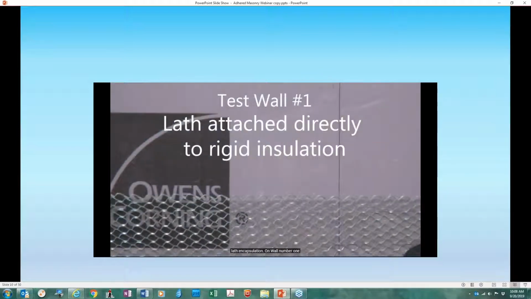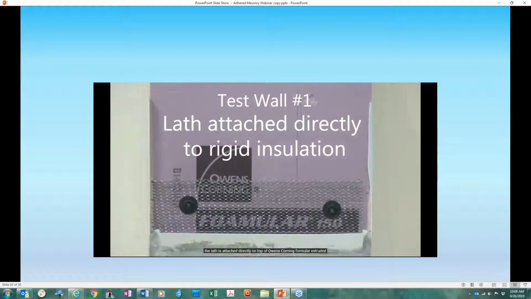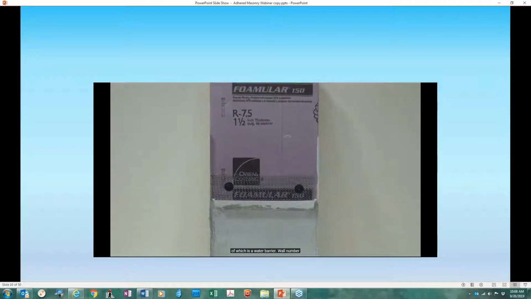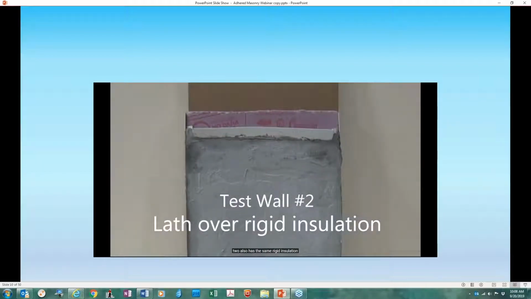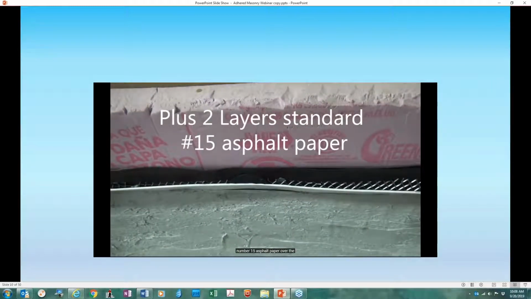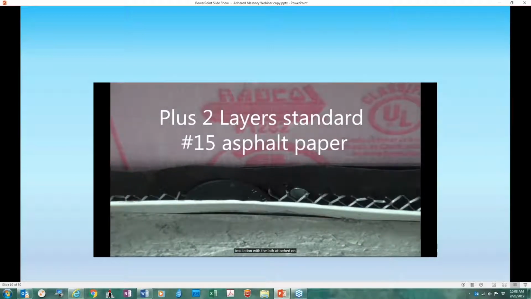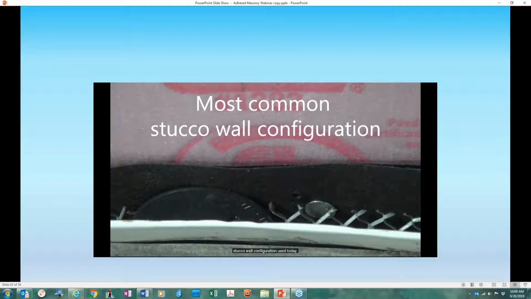On wall number 1, the lath is attached directly on top of Owens Corning Foamular extruded polystyrene rigid insulation, the surface of which is a water barrier. Wall number 2 also has the same rigid insulation, plus it has 2 layers of standard number 15 asphalt paper over the insulation, with the lath attached on top of the paper. This is the most common stucco wall configuration used today.